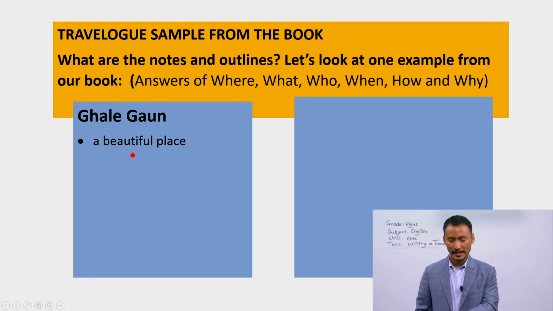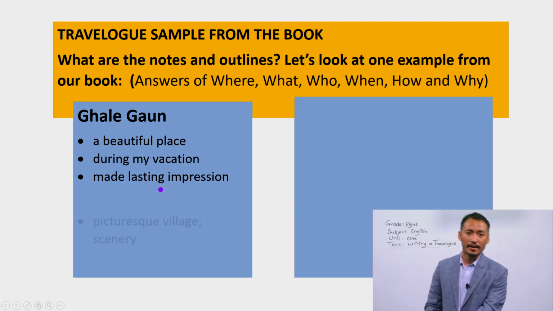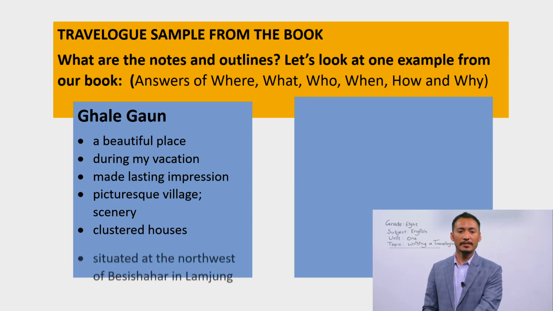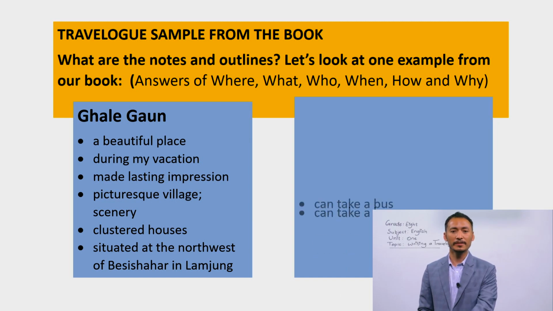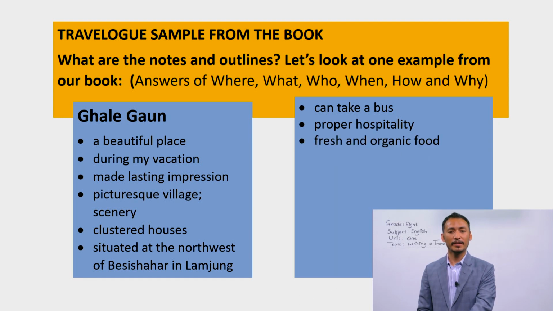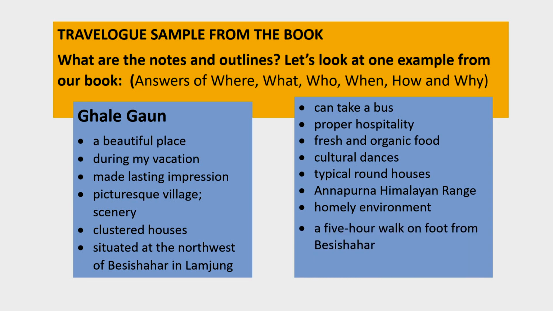During my vacation, made lasting impression, picturesque village scenery, clustered houses, situated at the northwest of Besisar, Lamjung, can take a bus, proper hospitality, fresh and organic food, cultural dances, typical roundhouses, Annapurna Himalaya range, homely environment, a 5-hour walk on foot from Besisar.